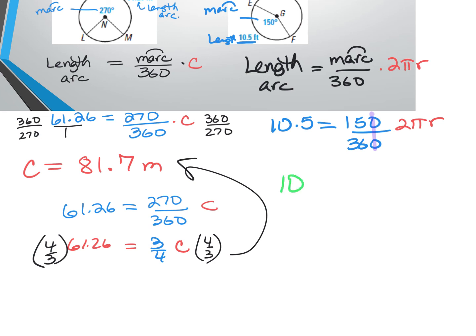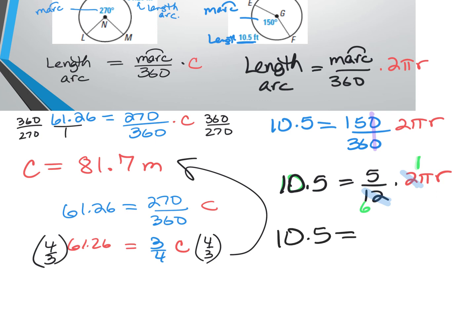So 10.5 is equal to 5 over 12 times 2 pi r still. I could also simplify the 2 and the 12 and make that a 1 and a 6. So now I have 10.5 is equal to 5/6 pi r.